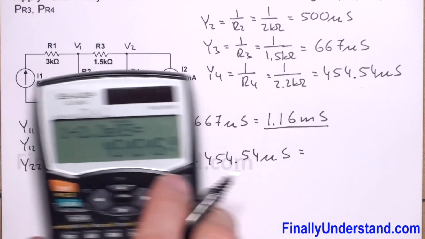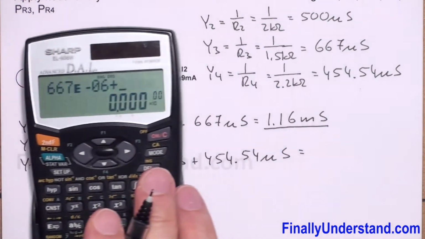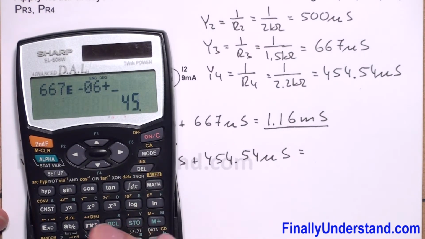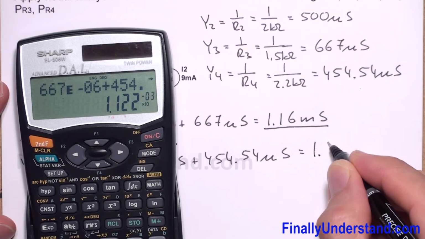This is equal to 667 exponent negative 6 plus 454.54 exponent negative 6. This is equal to 1.12 millisiemens.